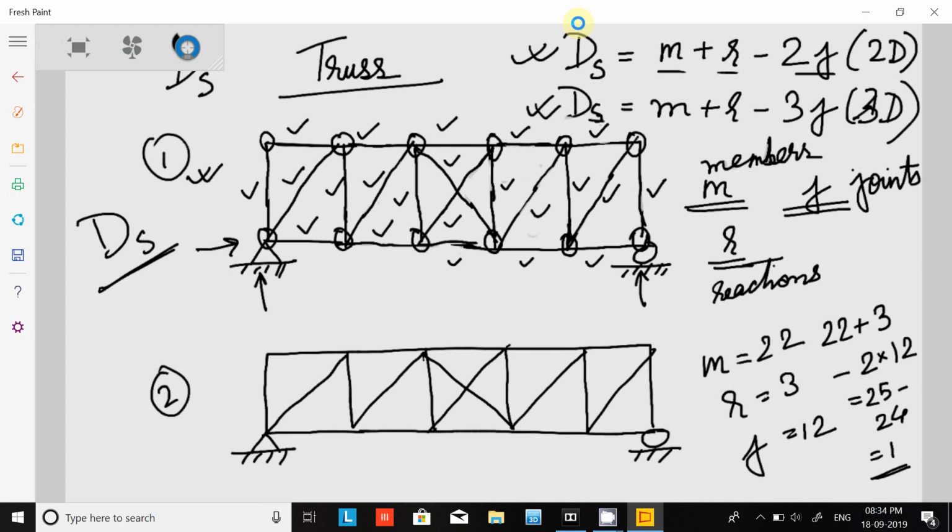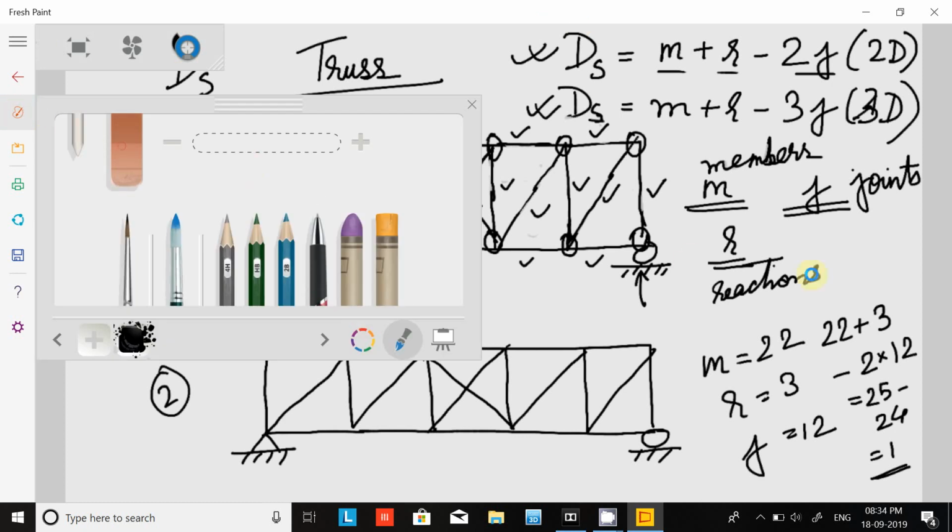Now you see in this region we have considered two members, isn't it? But we can consider this as a joint and consider four members also. So let us see how the result becomes if we consider this joint and these members as four members instead of two. So in this case, let us do the calculation.